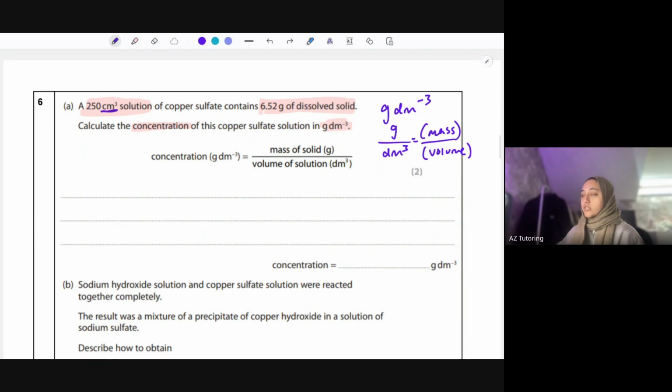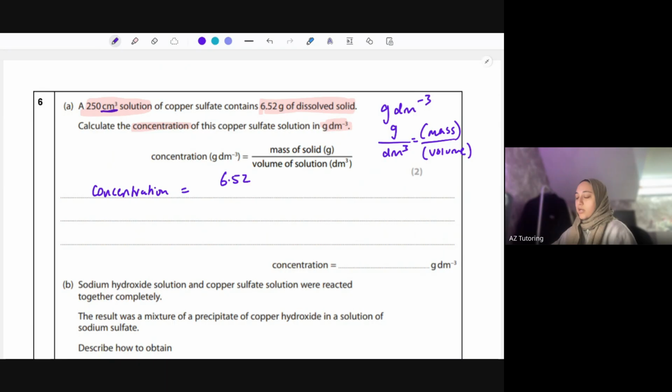Okay, so we need to change that 250 to decimeters cubed. And then we need to divide them. So we've got concentration equals the mass, which is 6.52.